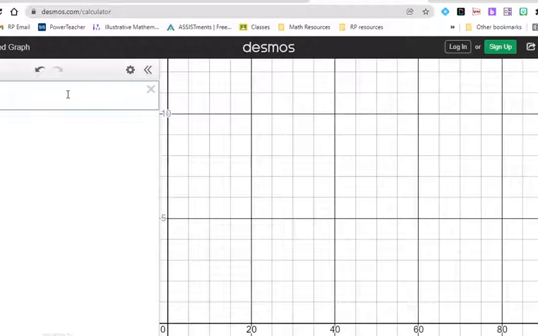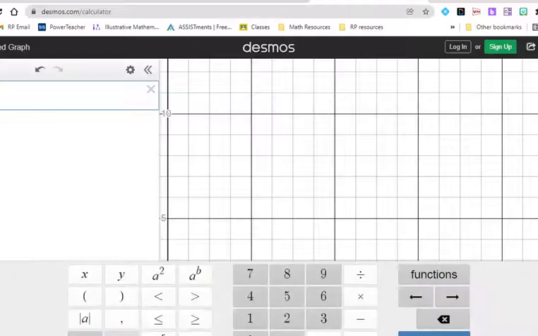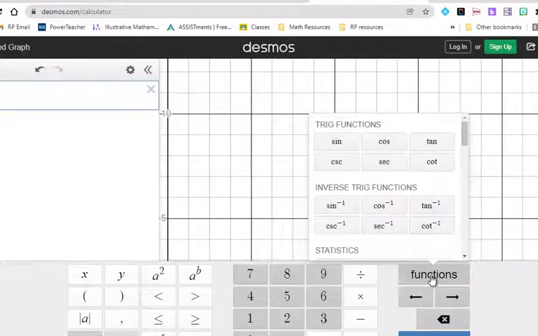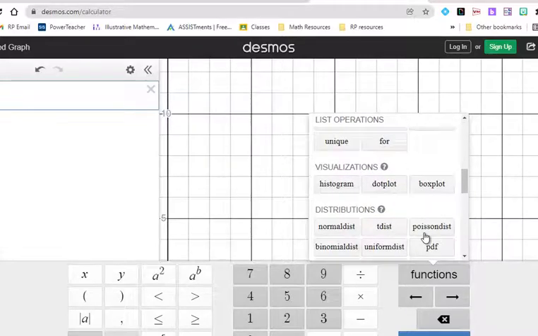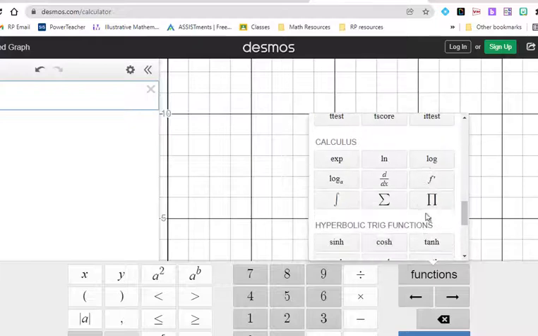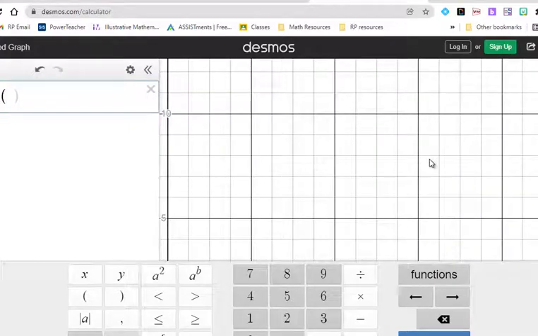So the first one I'm going to graph is the log base 2 of X. Does that little keyboard have it? Oh yeah, let's go to functions. Scroll down. I think they're going to have a log one for us. There it is, log of X, but I need base 2.